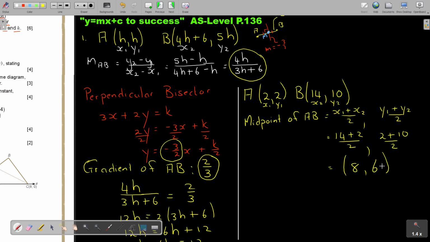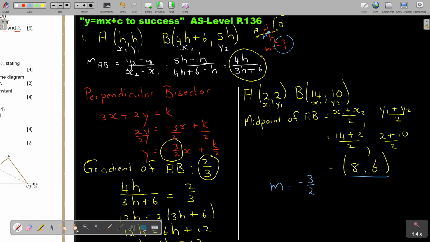Okay, so now I want to find the red line again. I made the midpoint blue. If I have the midpoint and the gradient, I can find the straight line. What is the gradient? I also have it there, it's minus 3 over 2.